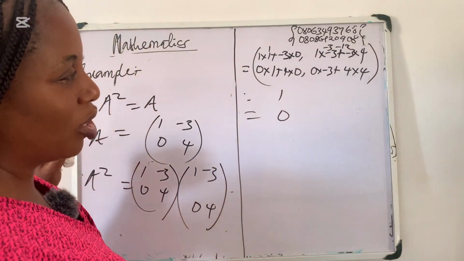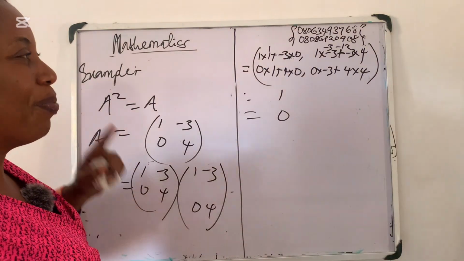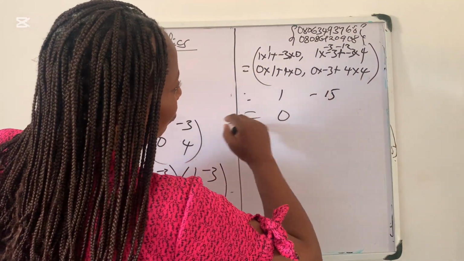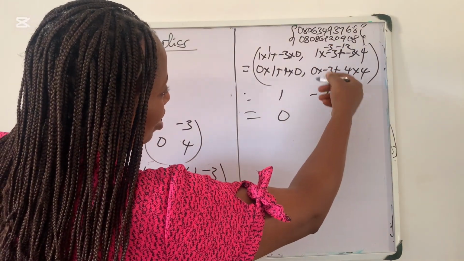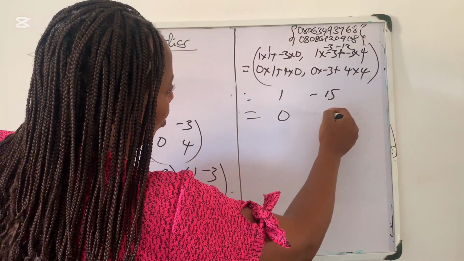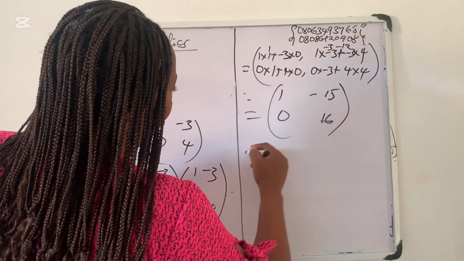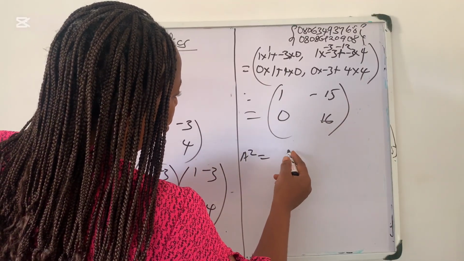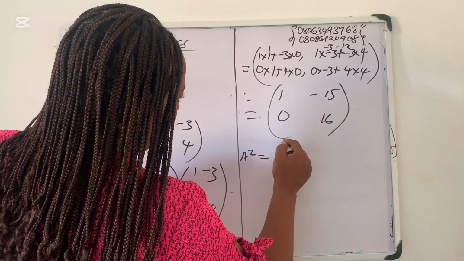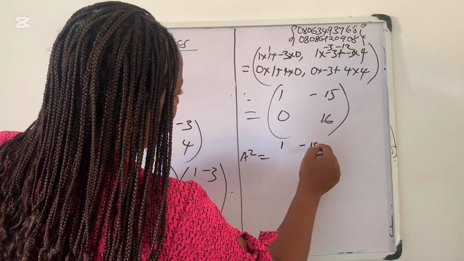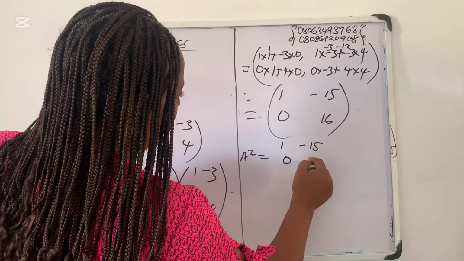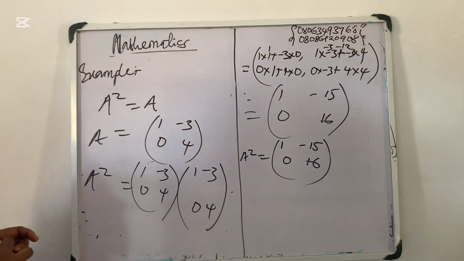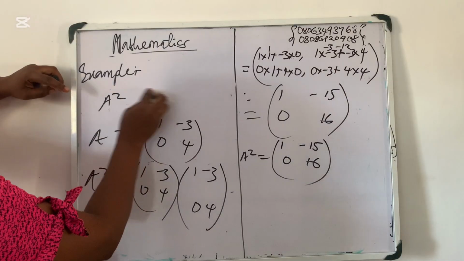Minus 3 plus minus 12 will give us minus 15. 0 times minus 3 is 0. 4 times 4 is 16. Therefore, A squared equal to 1, minus 15, 0, and 16. It is very simple and very interesting.